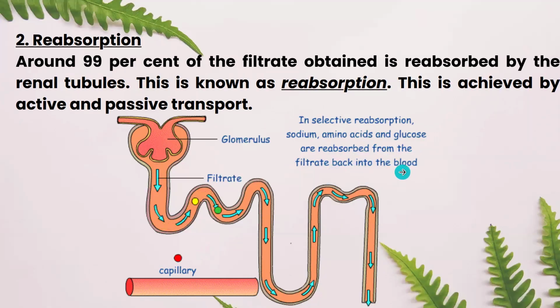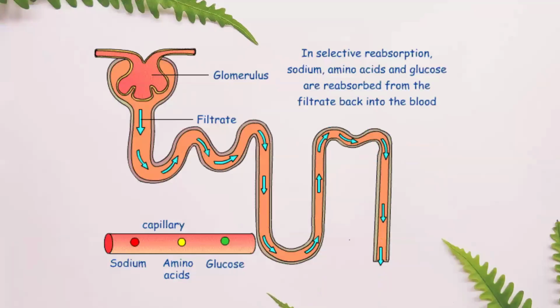So that is the reason, as we learned, the 95% is only water, and only 5% is nitrogenous waste. We can see that clearly here. So the filtrate reaching here, all the 99% useful components of the blood will be reabsorbed by the renal tubules back to the blood.